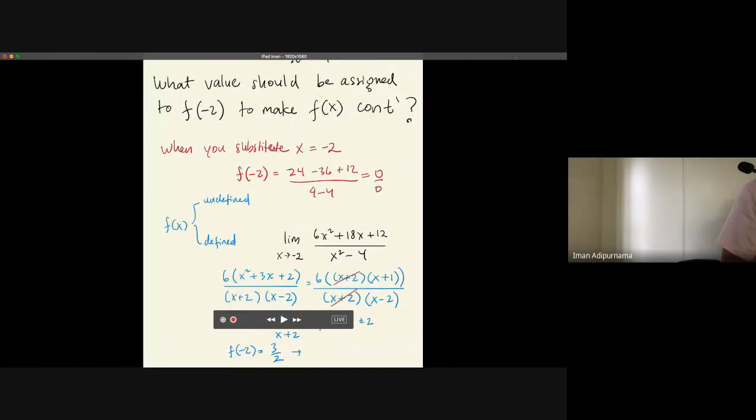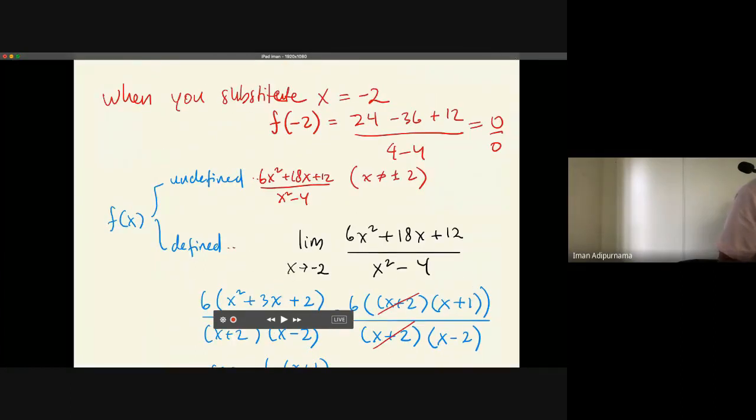So this undefined is when x is 6x squared. Defined is 3 over 2, x equal negative 2.